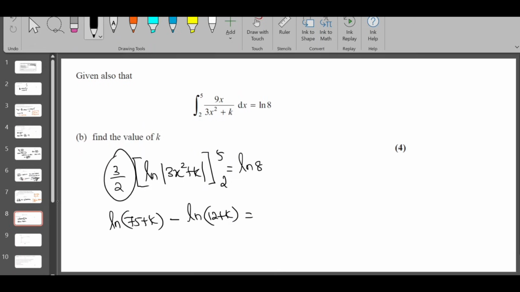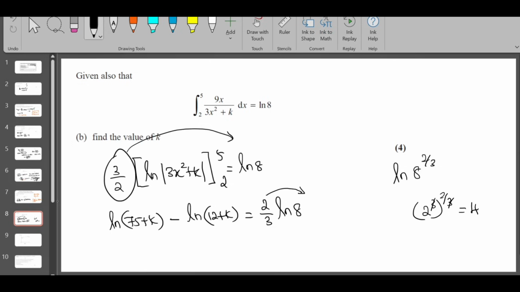And then I'm going to bring this 3 over to this side, it becomes 2 over 3 ln 8. Now by applying laws of logarithm, I can put this as a power, so it will be 8 power 2 over 3. We know 8 is 2 cube, or you just put it in your calculator, you will just get 4, ln 4, right?